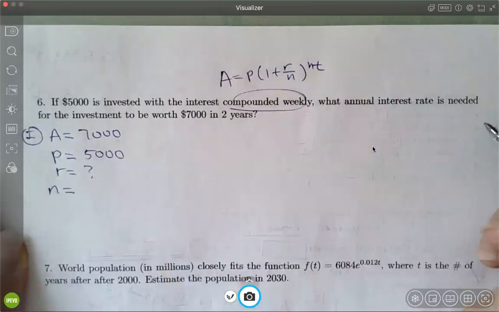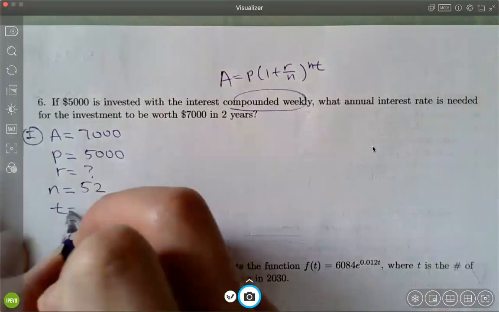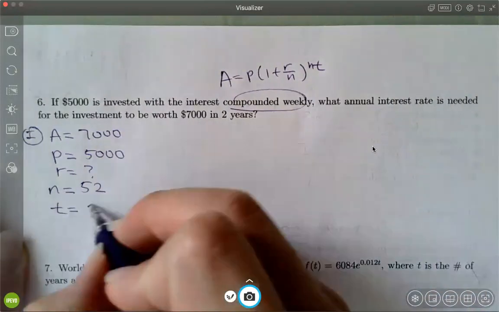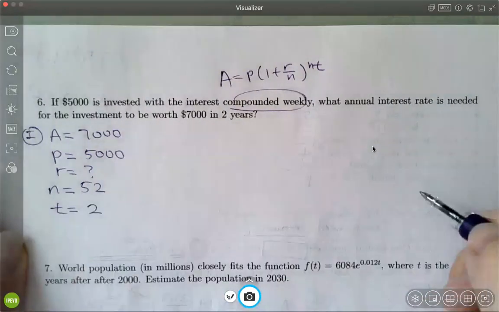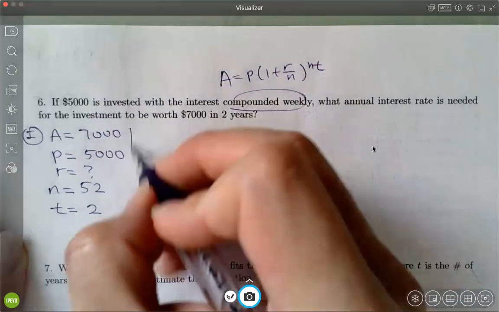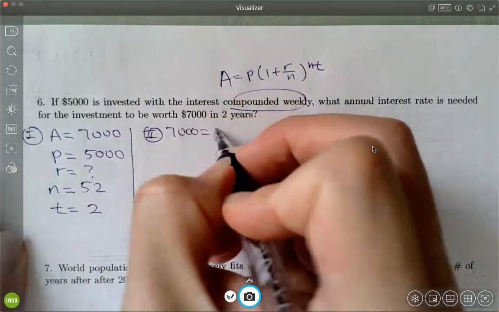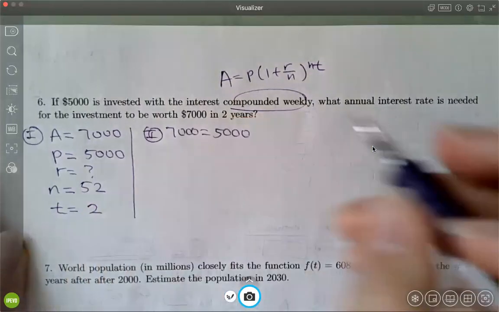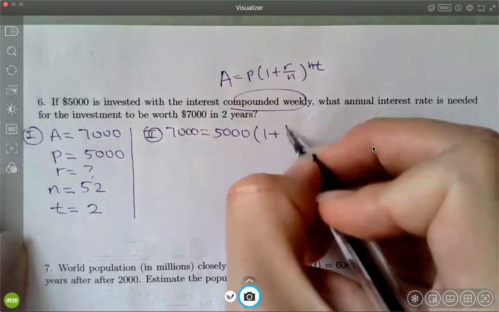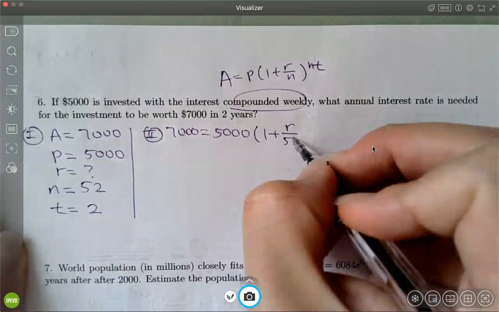So that means 52, right? And how much time do we need? 2 years, right? So we have 7,000 is equal to 5,000 times 1 plus r over 52 to the power 52 times 2, right?